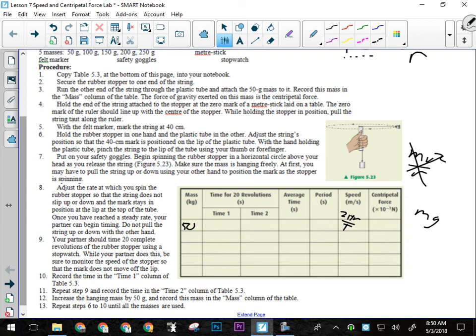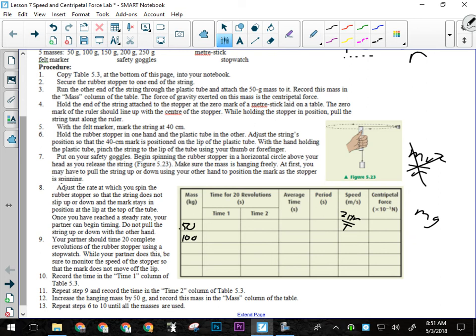So you'll fill that chart in, and then you're going to make a graph of centripetal force versus speed. Centripetal force obviously goes on the x-axis. And then what did we say we're going to go up by each time here? 50 grams? Yeah, okay. Increase the hanging mass by 50 grams each time. So you go 50, then you'll have 100.